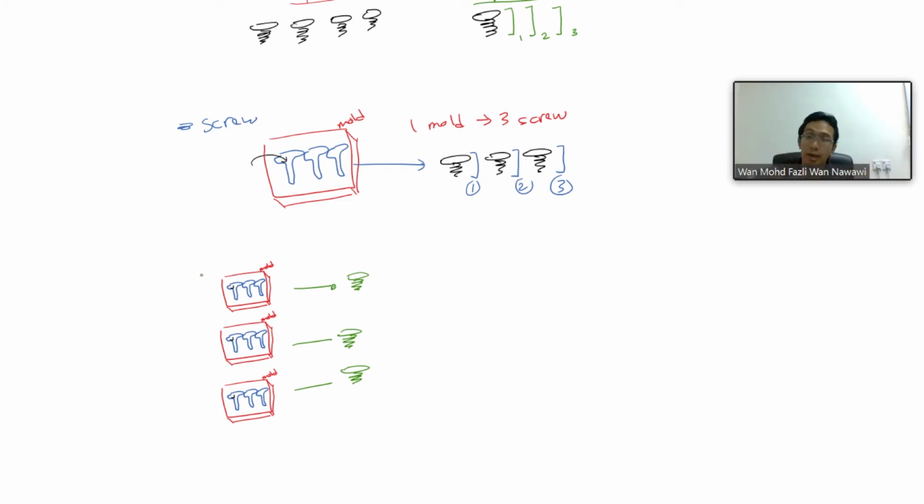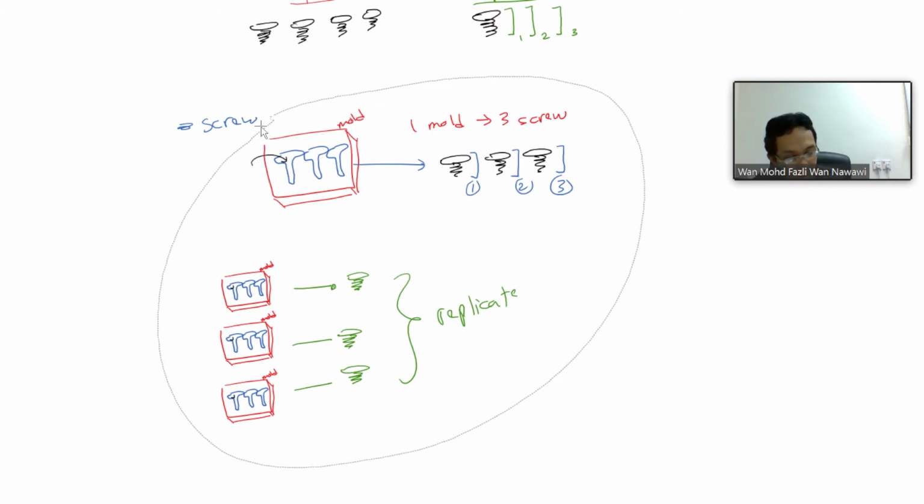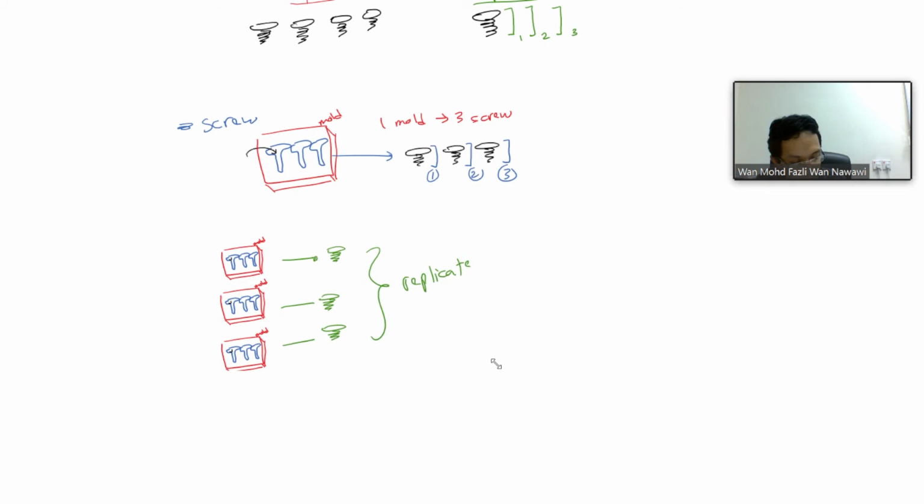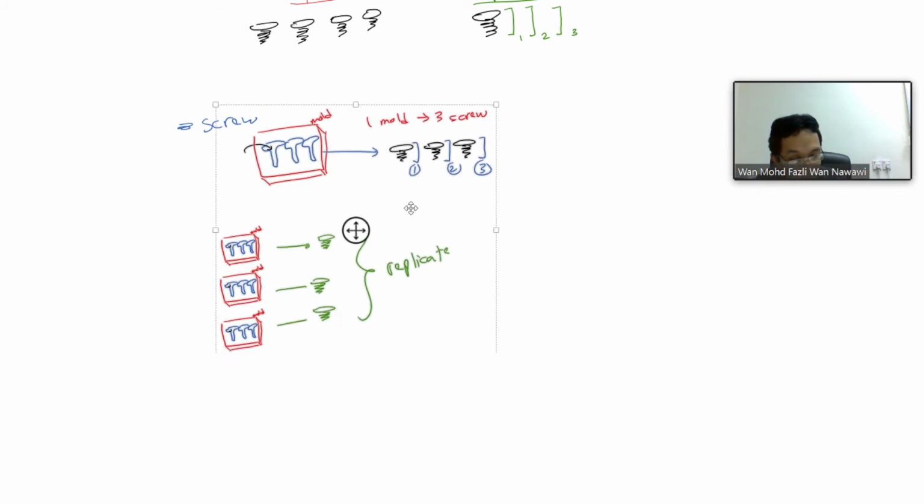Then you take away the screws and do another mold, another batch. That is considered a replicate. Often what happens is not the correct way.